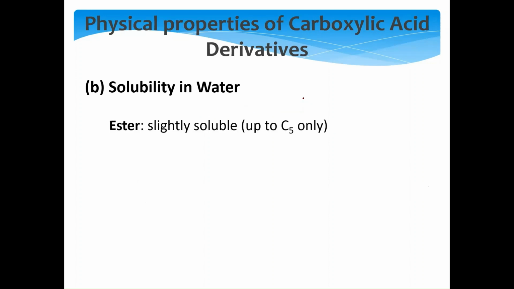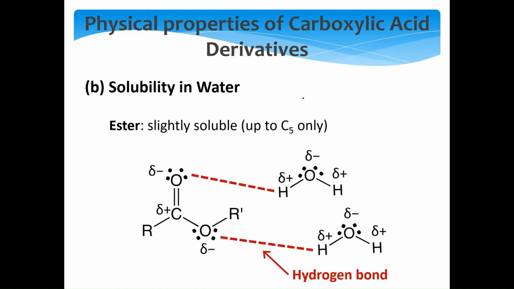For ester, they are slightly soluble. No doubt they're able to form hydrogen bonds with water molecules. You can see there's a lone pair on oxygen that can form hydrogen bonds with the protonic H of the water molecules. But we also have the non-polar hydrocarbon chain, the R and the R prime over here.